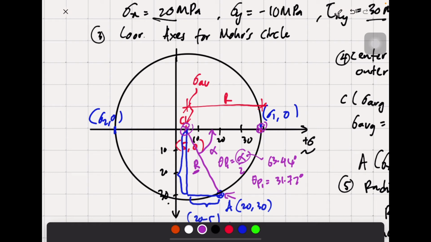On the Mohr circle, the location is this angle right here that I put with the double angle notation. That is our theta p2.